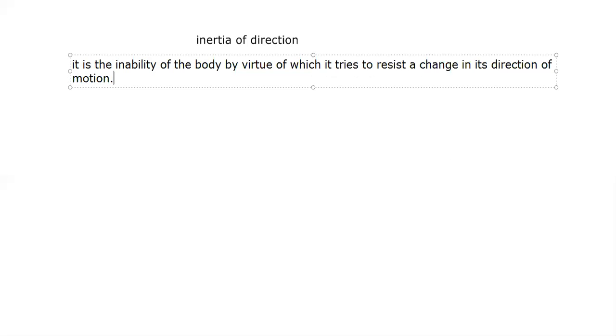It is the inability of the body by virtue of which it tries to resist a change in its direction of motion.